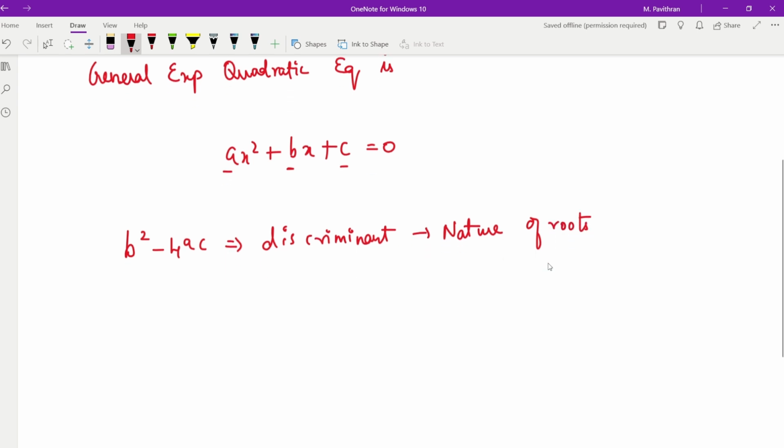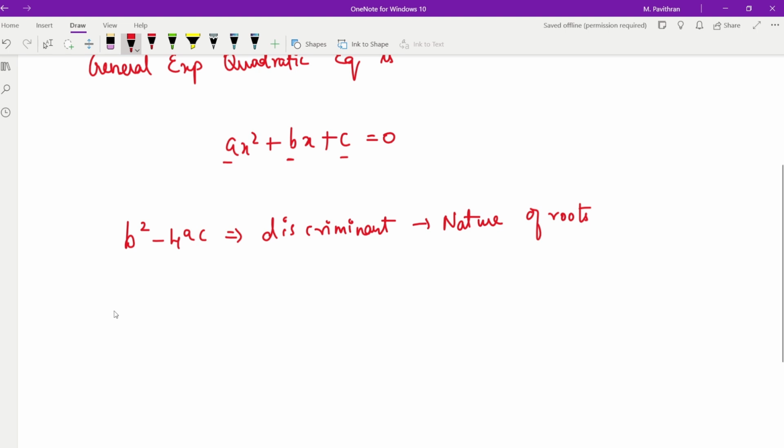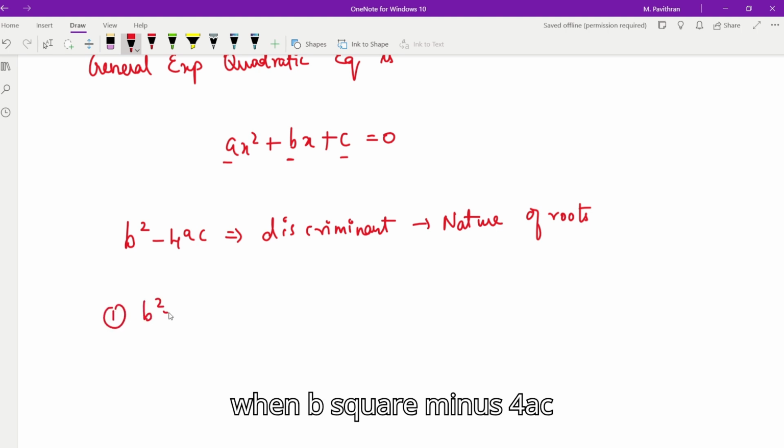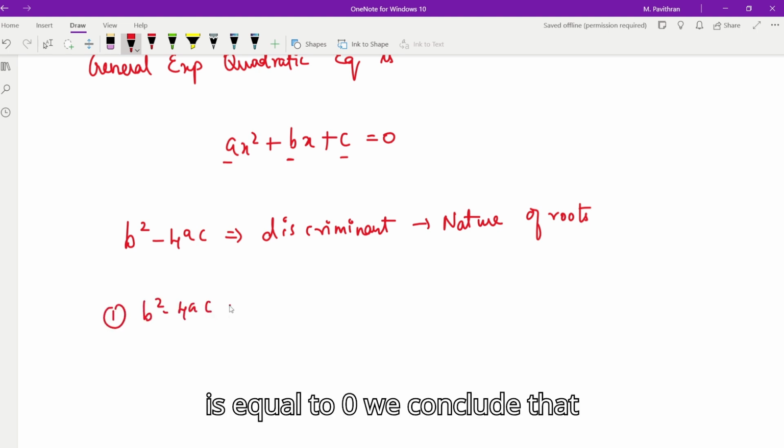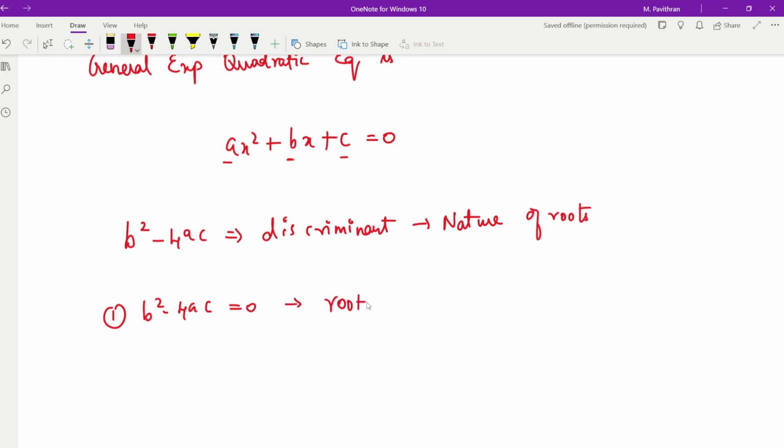That is, when b square minus 4ac is equal to 0, we conclude that the roots are real and equal, right?